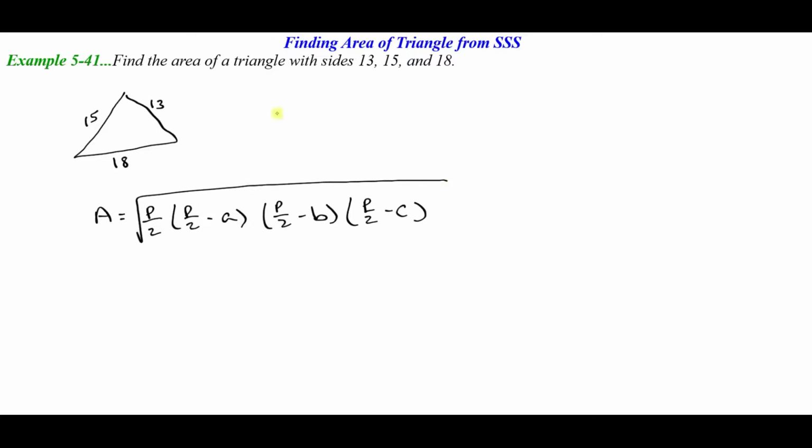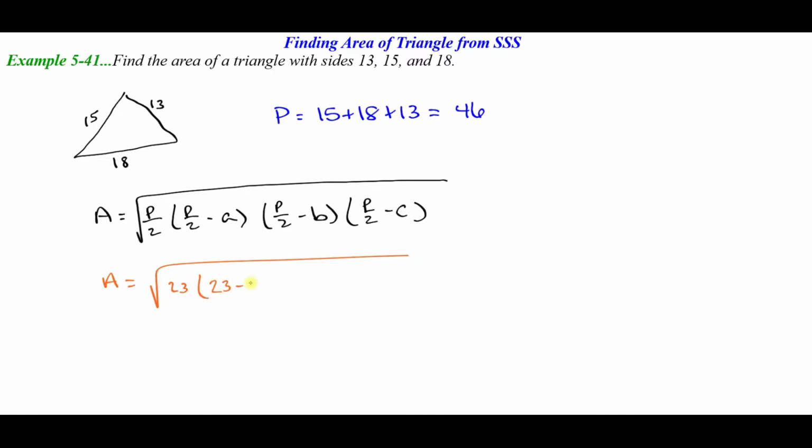So the first thing I would do is just come up with your perimeter. So 15 plus 18 plus 13 is going to give us 46. Then we can plug into the equation. So we have to do perimeter over 2, so we can just do 46 divided by 2 is 23, or you can put it in there as 46 over 2. It does not matter.